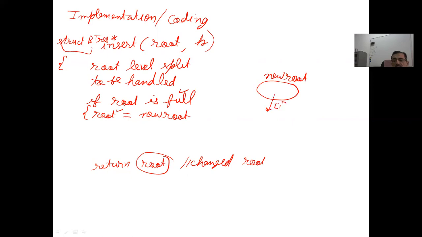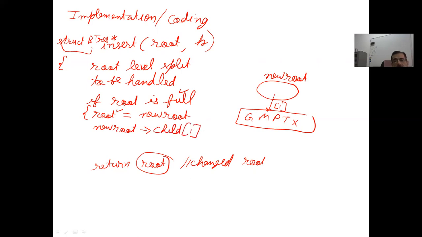Consider its child 1 as the current node, for example, GMPTX, so I will say new root arrow child 1 equals current root, whichever root variable I am given.